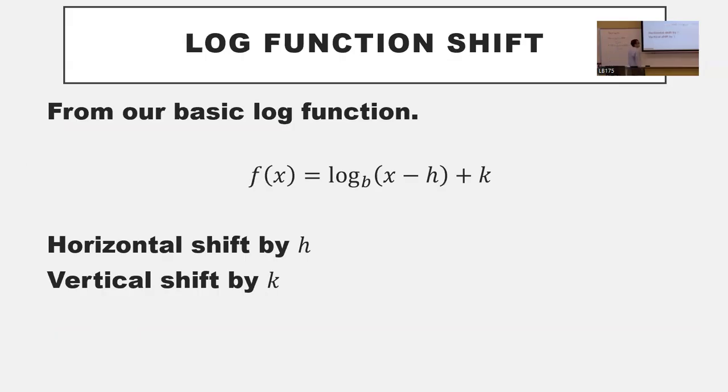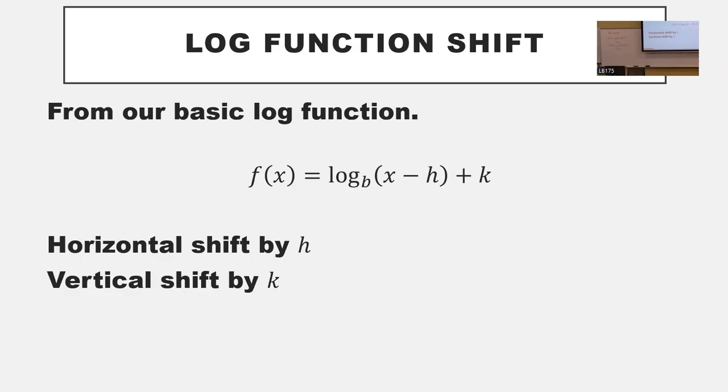Now, as always, from our base logarithmic function, we can shift left and right by swapping the x out with an x minus h. And then we can vertically shift up and down by adding a k at the very end. If k is positive, it moves up.